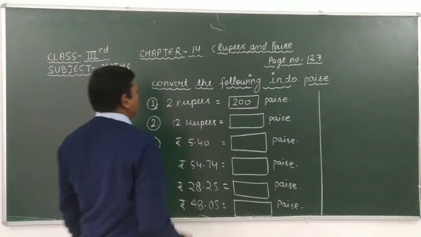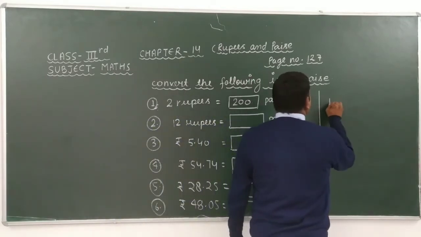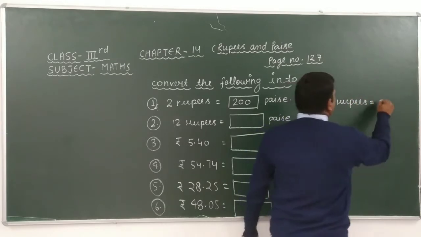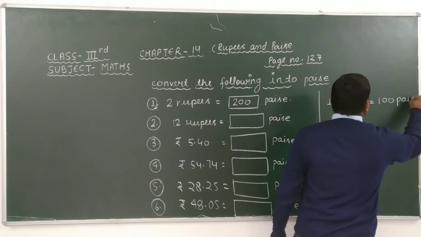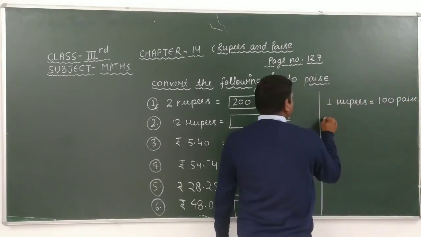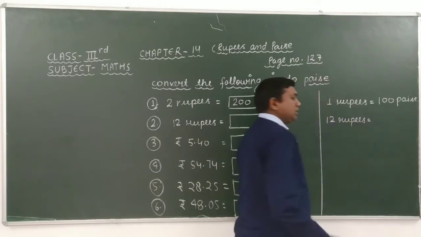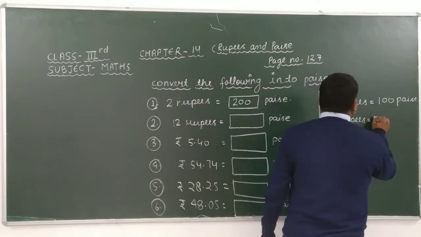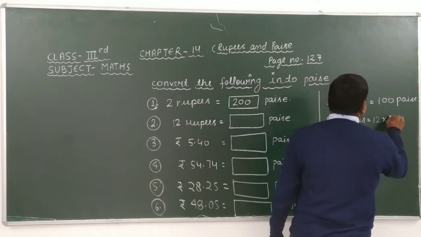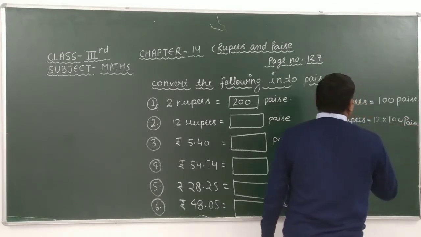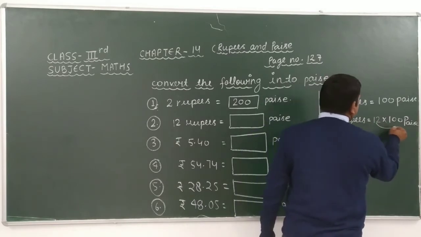Here it is given: 12 rupees. Dear students, we know that 1 rupee is equal to 100 paise. Then 12 rupees is equal to, if we multiply 12 by 100 paise, after multiplying these we get 12 zeros are 0, 12 zeros are 0 and 12 ones are 12.